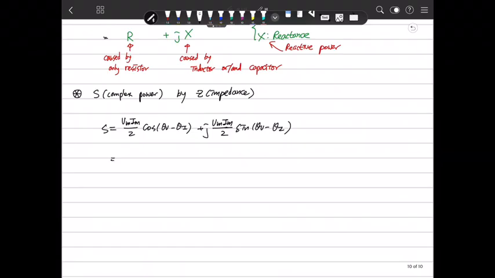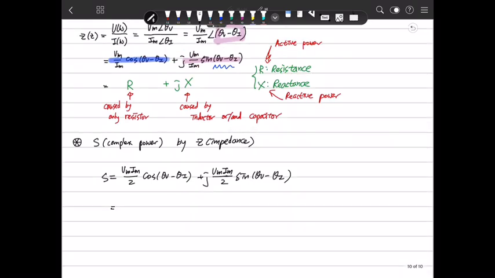Now, to represent the impedance Z, we change this term in this way, with Im squared over 2 multiplying the cosine and sine terms.